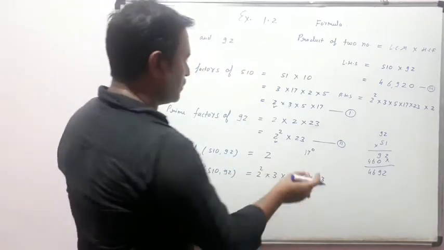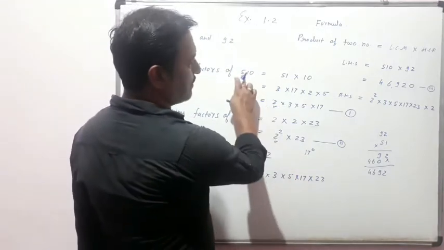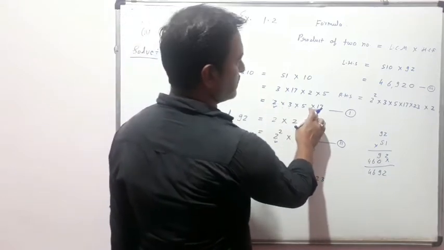Now you just factorize 510: 2, 3, 5, 17.